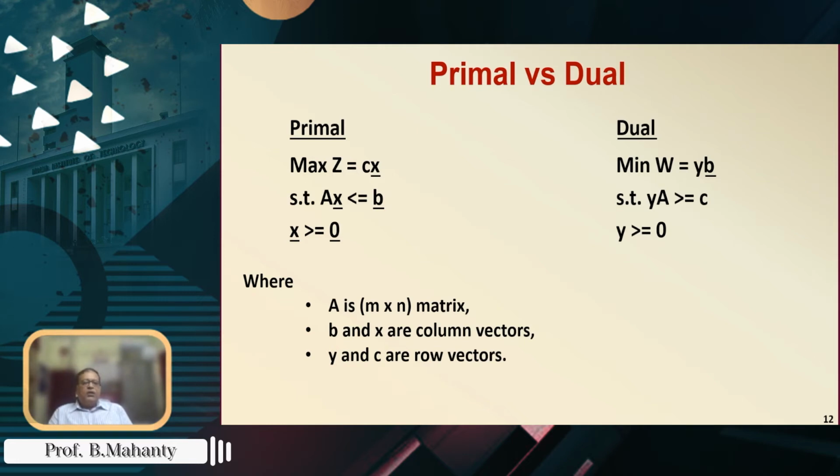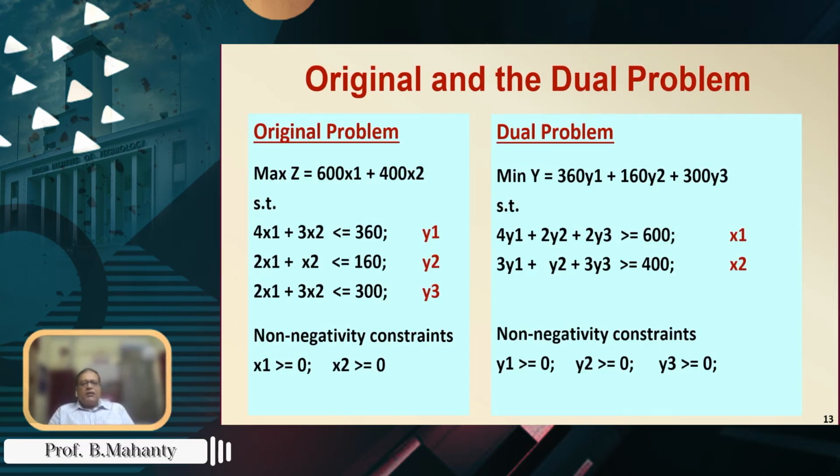Let us not worry too much about this formulation. We shall discuss this in our next class when we take up the duality theorems and further details. At that time, this can be understood in a much clearer manner. But let us now compare these two problems in a careful manner. So you see, this is our original problem and this is our dual problem. In the original problem, we have a problem of maximization.